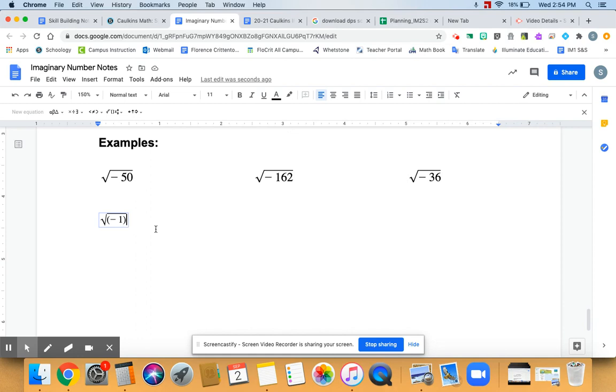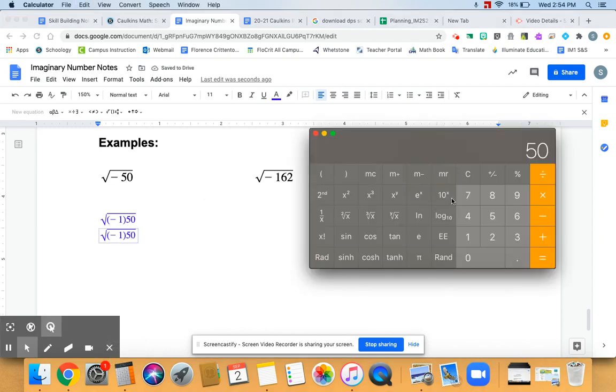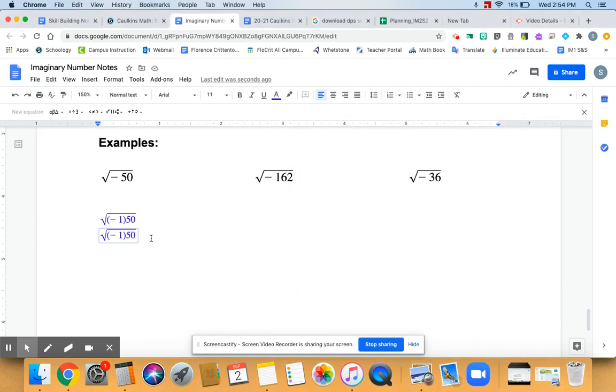So by dividing out that -1, I'm left with 50. My next step, if I try dividing 50 by, what's the first thing I divide by? 2, I get 2 and 25. So this 50 can turn into 2 times 25.